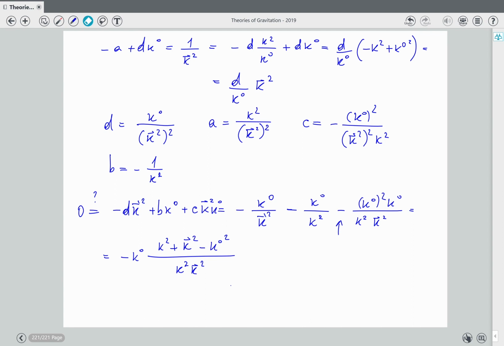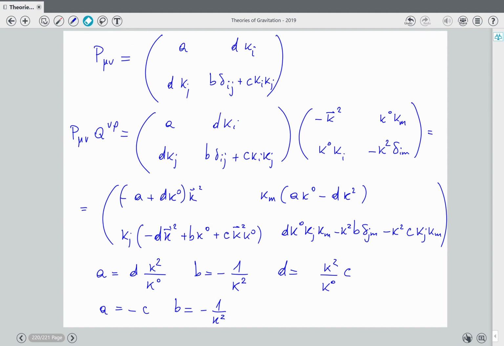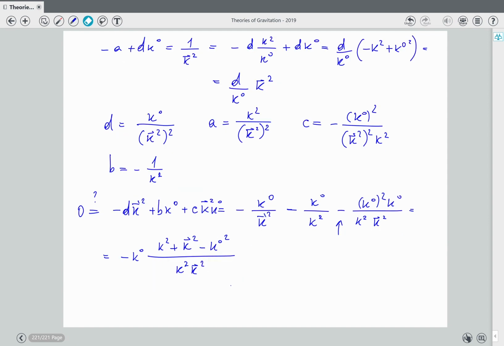Let's see where we used that D is equal to k squared. We only use that for C, so that is enough to produce the right result. Okay, so these are the coefficients A, B, C, and D.